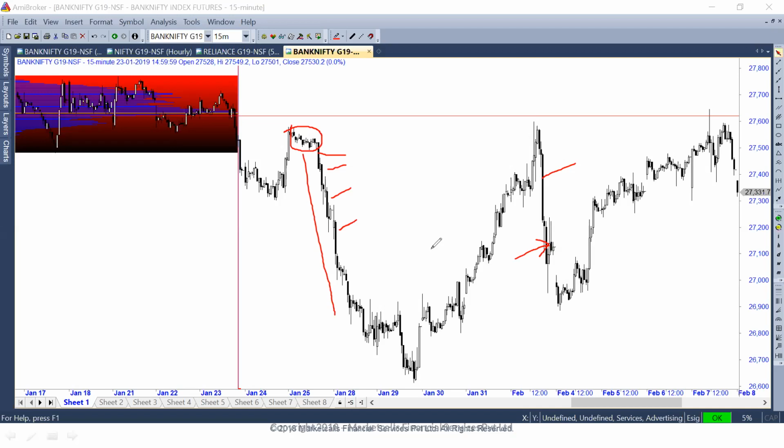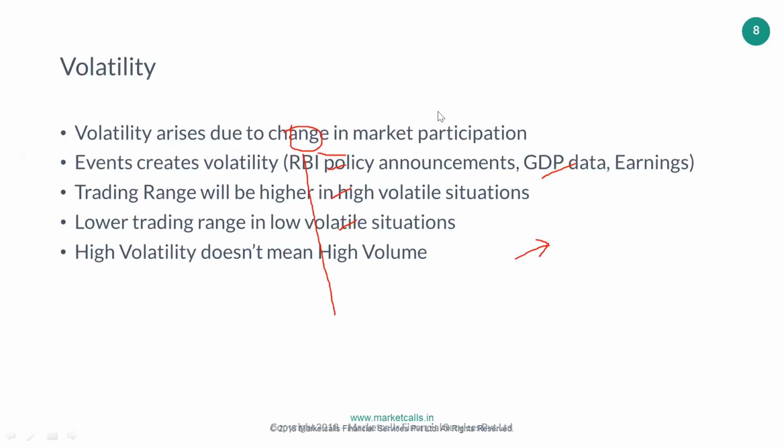High volatility doesn't mean uptrending markets. High volatility means the range of the candle is getting bigger and bigger, so the trading range will be higher in high volatile situations and lower in low volatile situations.